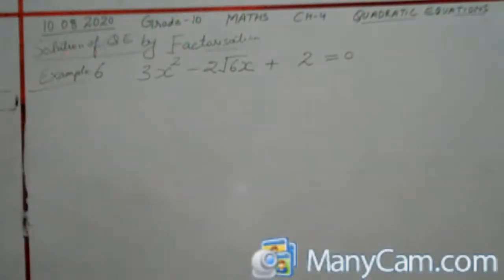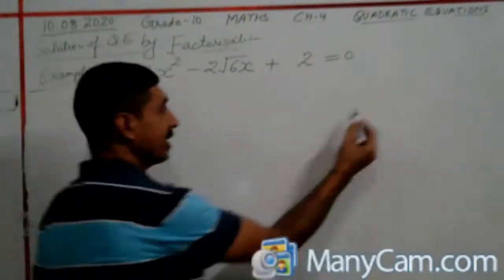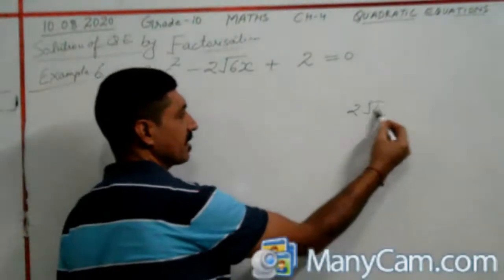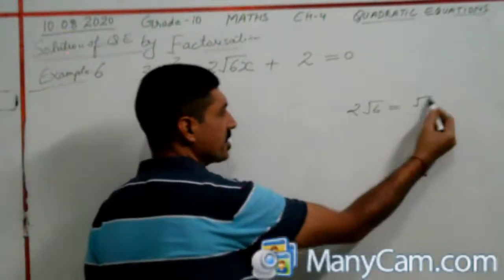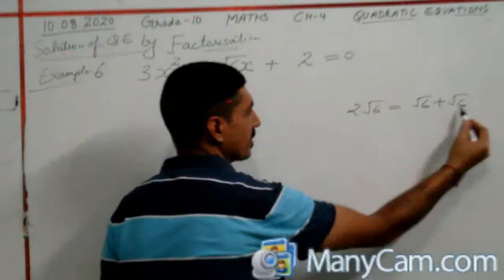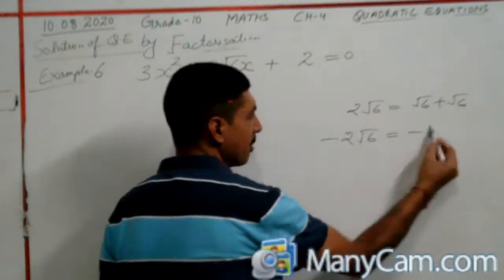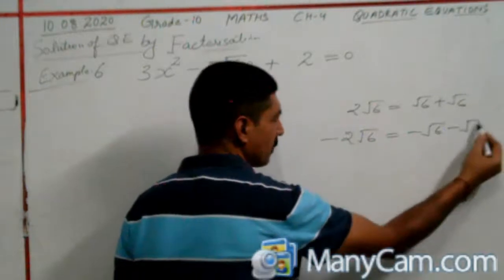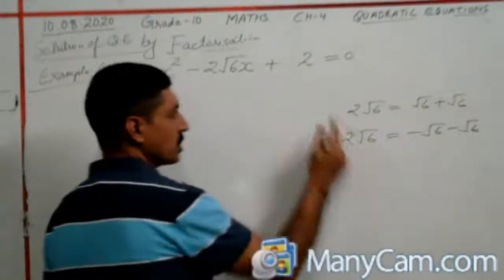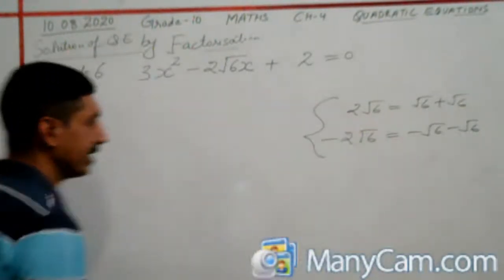So here the quadratic equation is 3x square minus 2 under root 6x plus 2. So here, how we can write twice under root 6? That is under root 6 plus under root 6. Or here it is minus of twice under root 6, which can be written as minus under root 6 minus under root 6. Right? So this is the concept we have studied in grade 9 also.